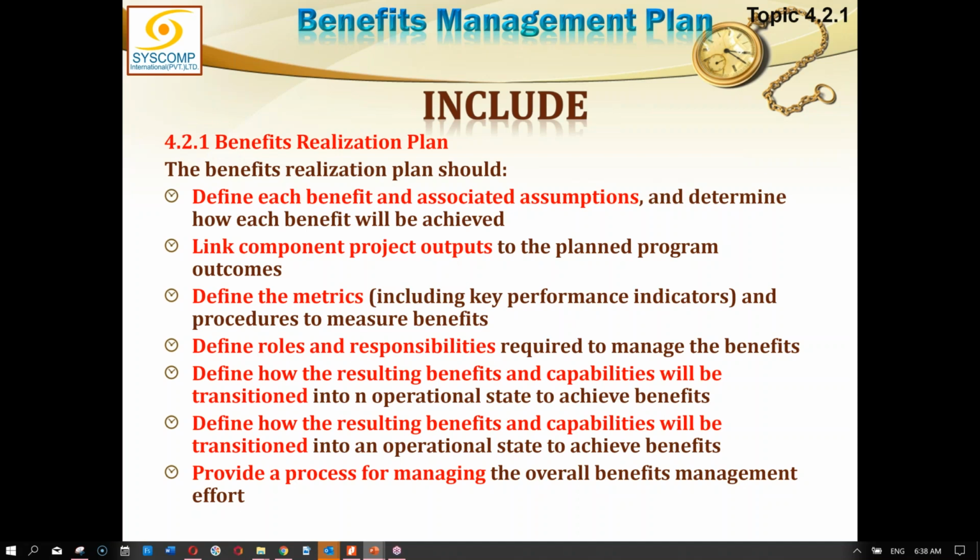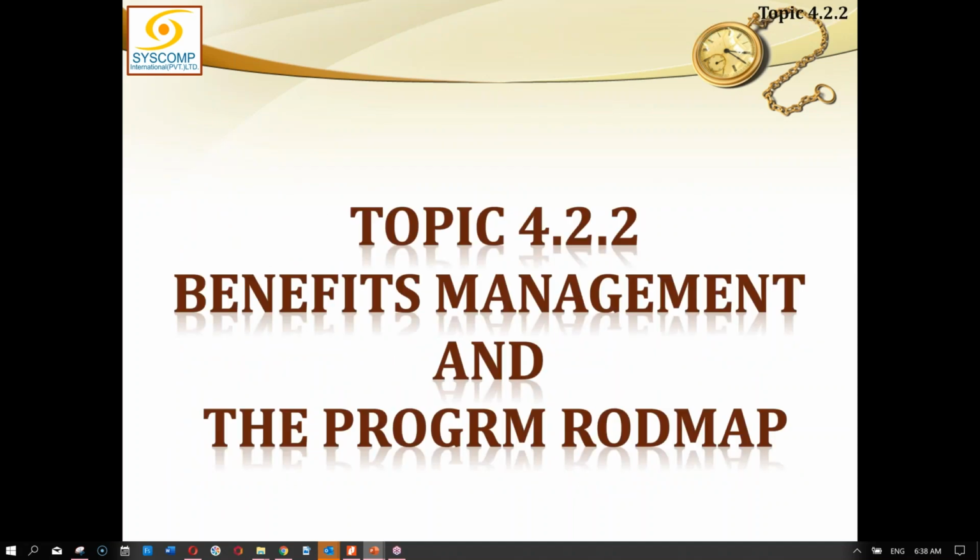All the details are planned here in the benefit realization plan. It provides a process for managing the overall benefit management effort. So this is all about the benefit management. The complete layout of the benefit management in detail is in the benefit realization plan. Now, comparing the benefit management with the program roadmap.